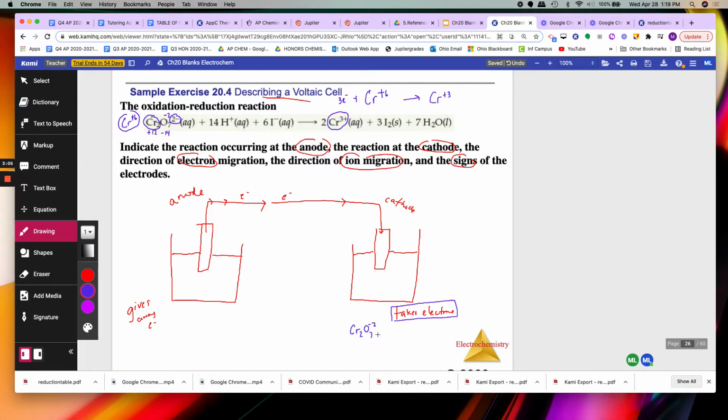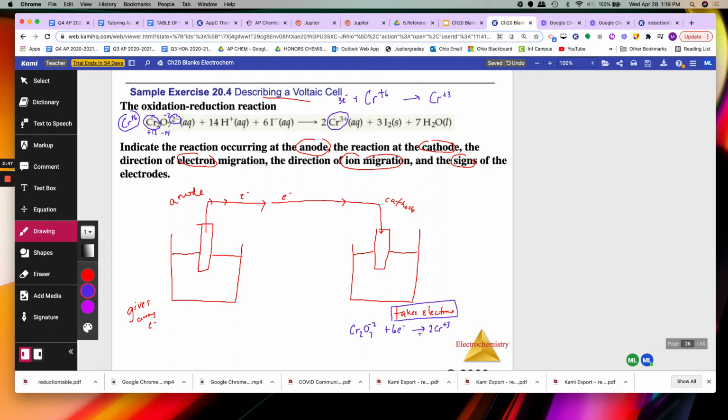It took in 3 electrons, and it became 2 Cr +3. There are 2 of them, so it took in 3 each, so 6 electrons. You don't really have to write the equation, I just want to show you that Cr took the electrons. So that means this is the reaction occurring at the cathode, right?